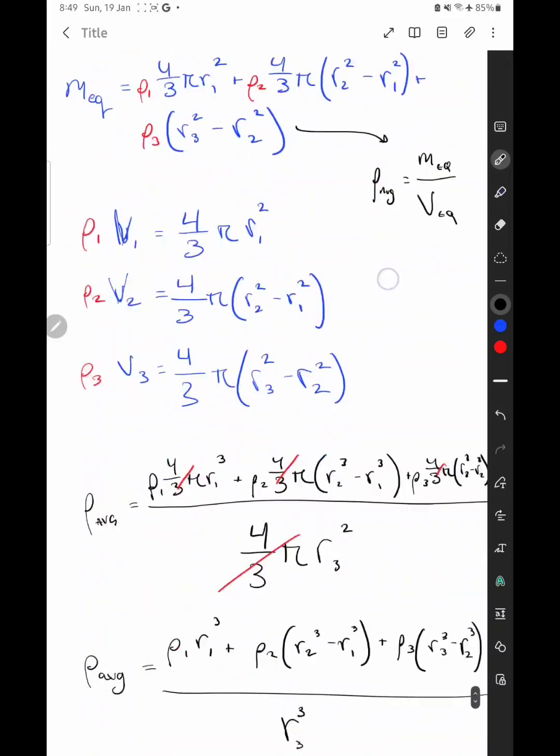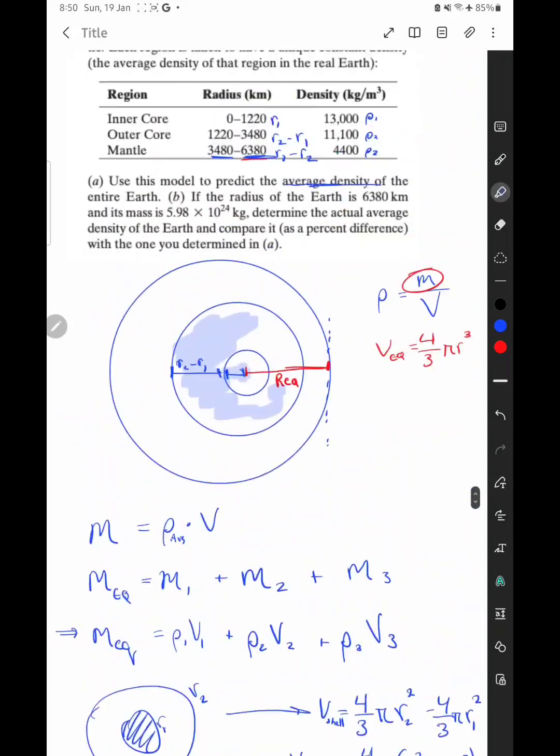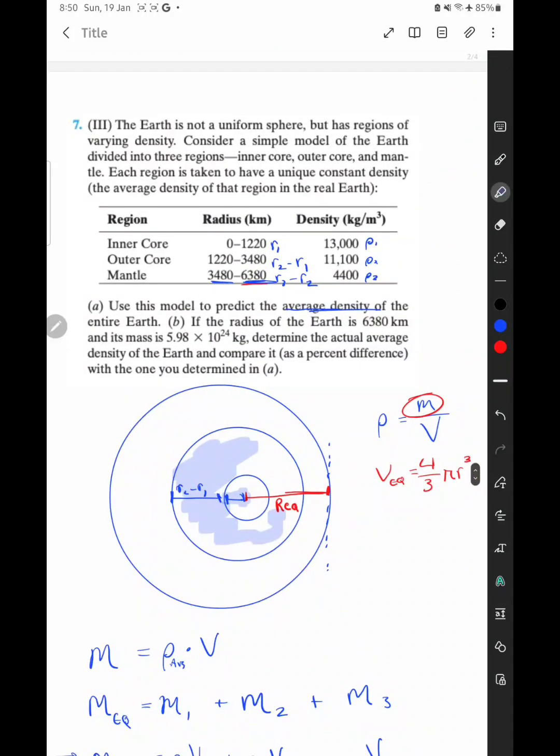Alright, so I put everything into my calculator, and I'm getting an average density of around 5.5 times 10 to the third kilograms per meter cubed. I don't know if the number is exactly correct, but the important thing is the process. And that's almost a 10-minute process to get there. And if you can do that, B is easy.